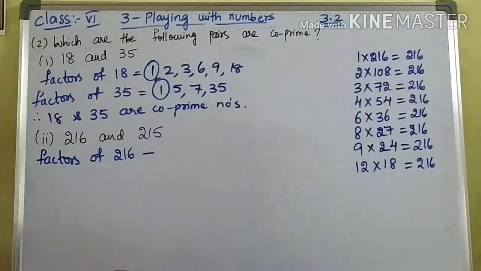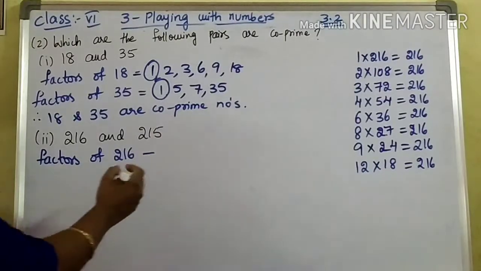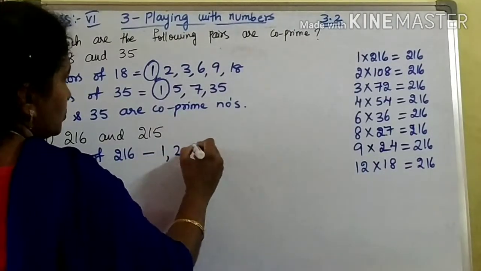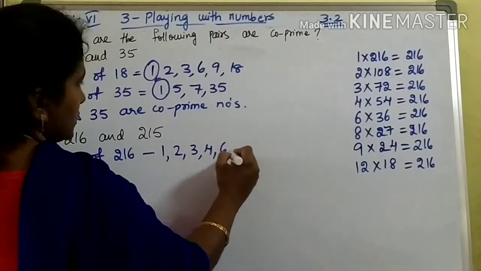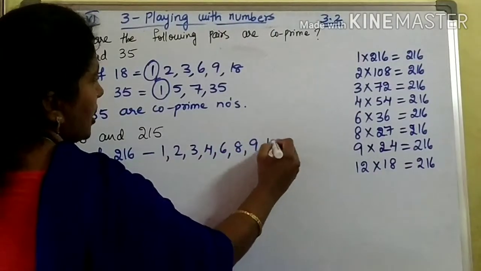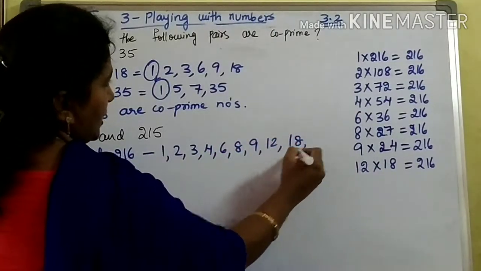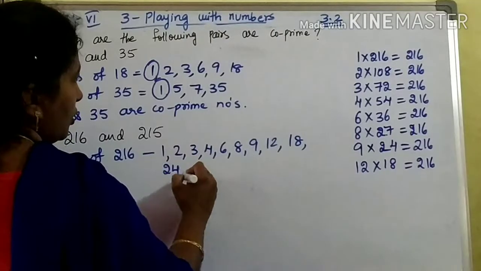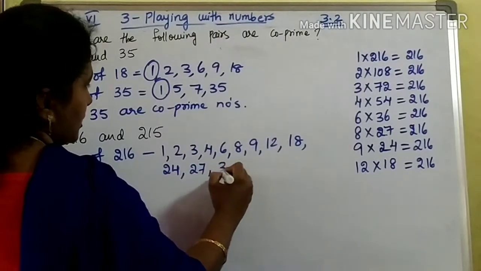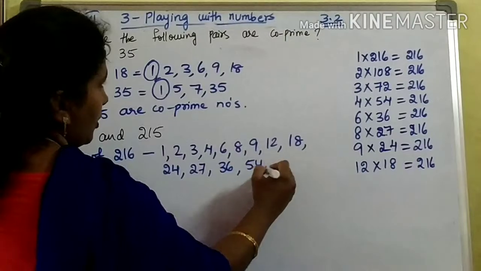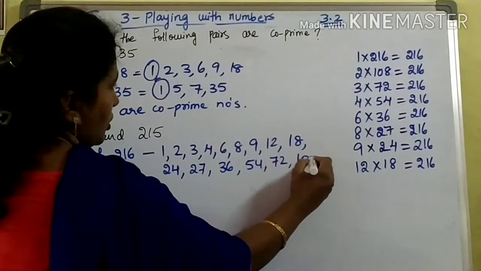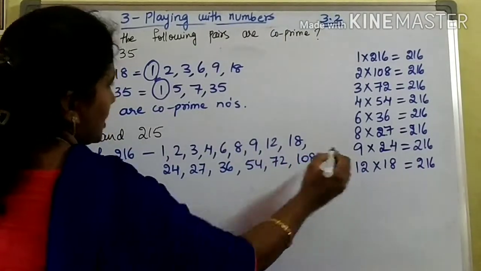Again, 18 will go: 18 12s, 24 9s, 27 8s, like that. So the factors of 216 are 1, 2, 3, 4, 6, 8, 9, 12, 18, 24, 27, 36, 54, 72, 108 and 216. These are the factors of 216.